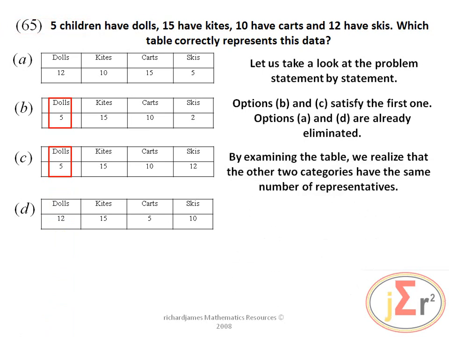By examining the table, we realize that the other 2 categories have the same number of representatives. So let us look in the table. There's nothing to distinguish the tables in these columns. So we just have to take a look at the final column.